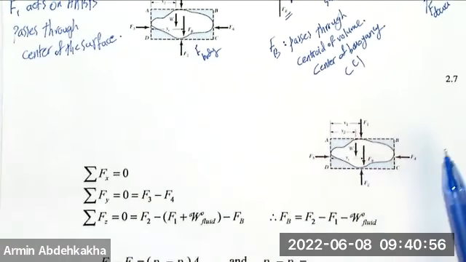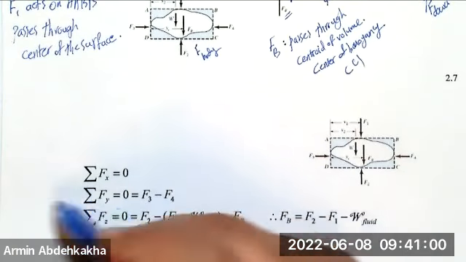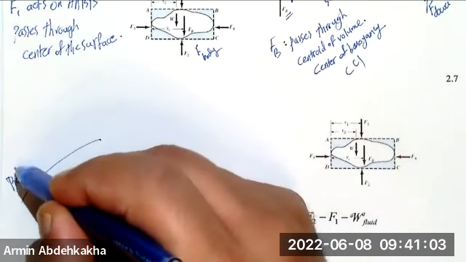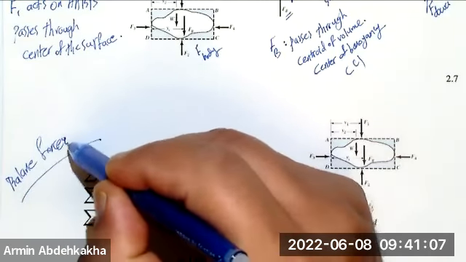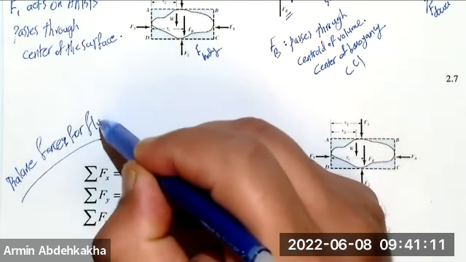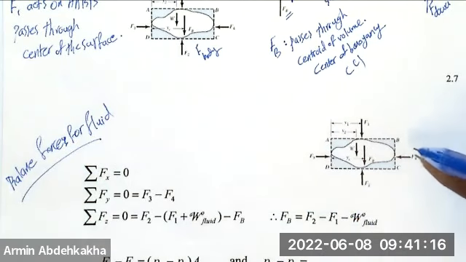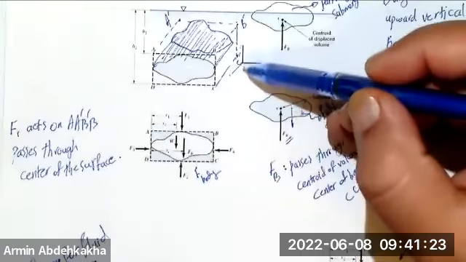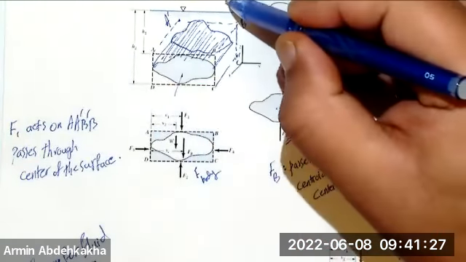So let's talk about the balance forces. These are balance forces for fluid. We didn't show it here, but you will also have an X direction, right? So you have a surface like here, a force here and another force here.